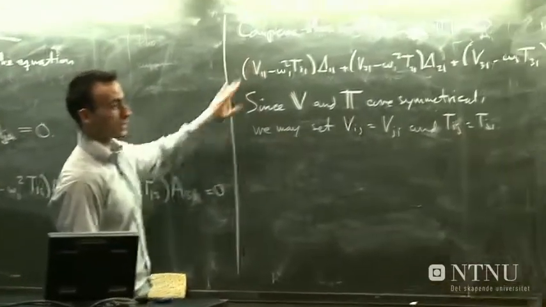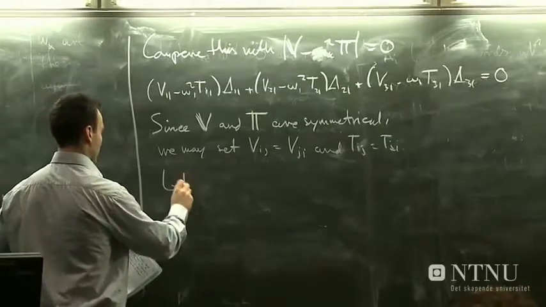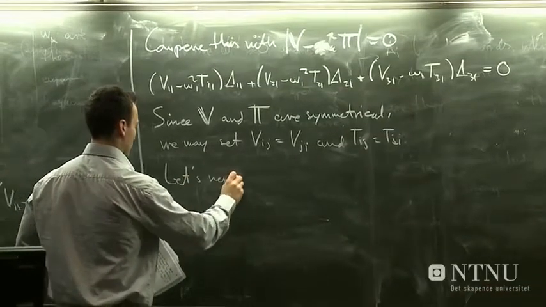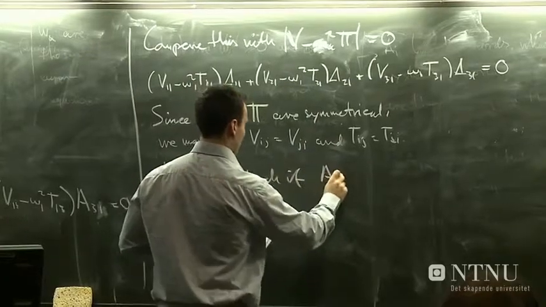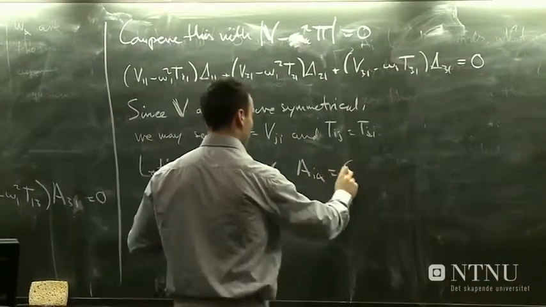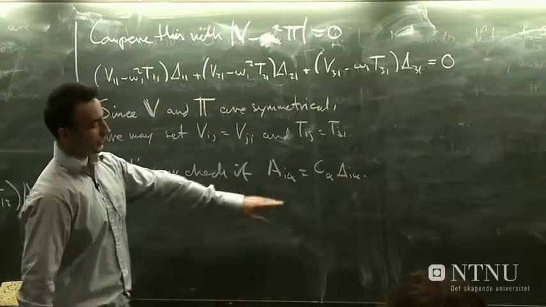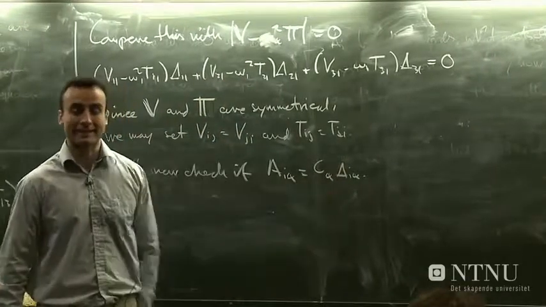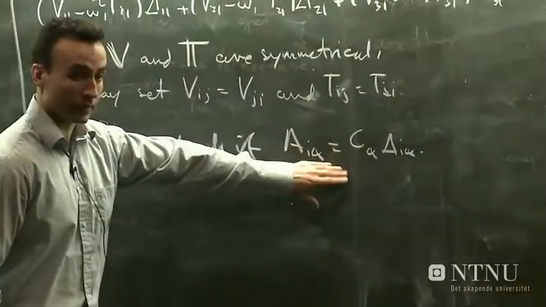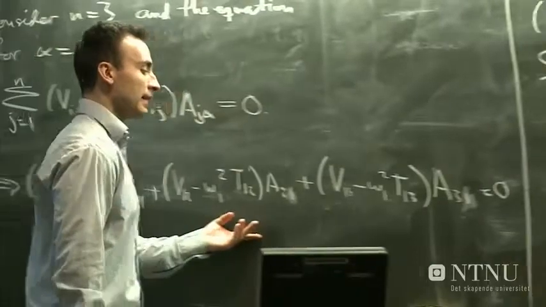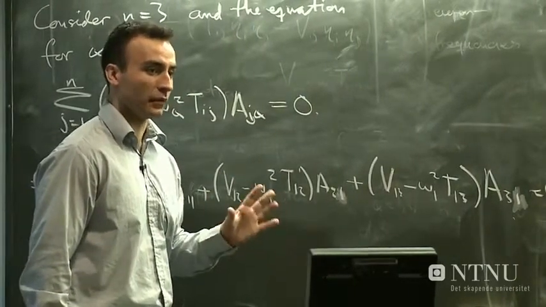Are these two equations then consistent? I'm writing the constant of proportionality as C alpha. I'm now inserting this here at the same time as I'm exploiting this symmetry of the V and T matrices.